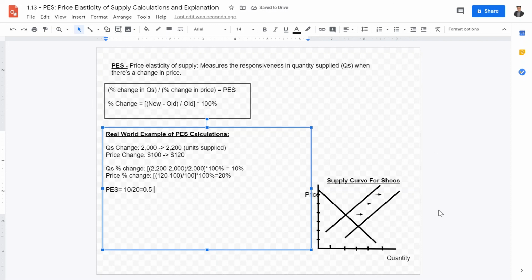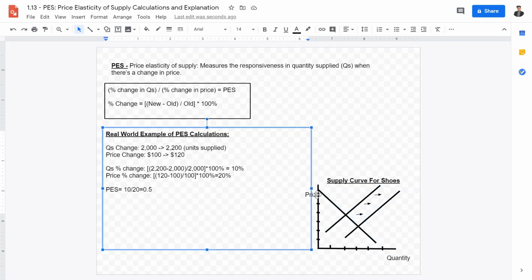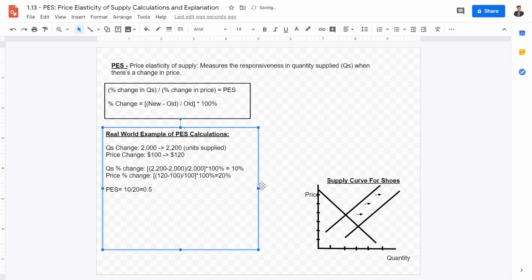So what is our PES? Our PES is 0.5. So in the case where quantity supplied changes from 2,000 to 2,200 and price changes from 100 to 120, the PES for shoes is 0.5.